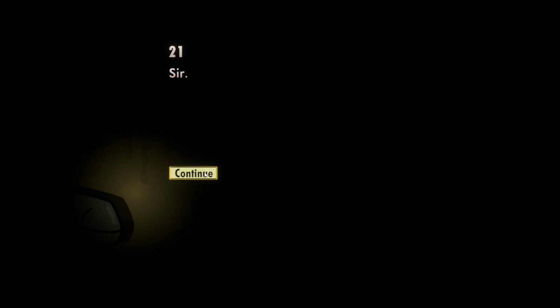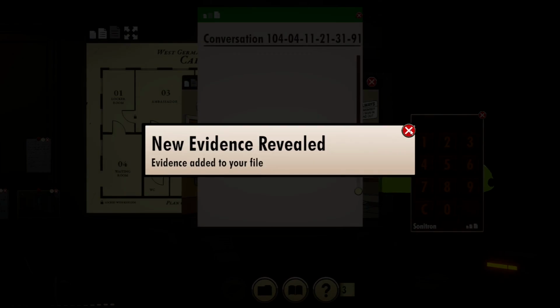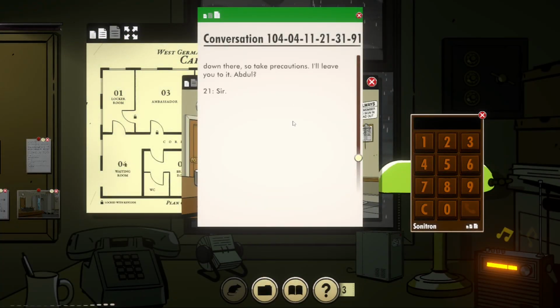Okay. So Abdul is the lead security guy. Okay, got it. Maybe Yui, I bet you Yui is... and Willem Glass is 23. Excuse me.